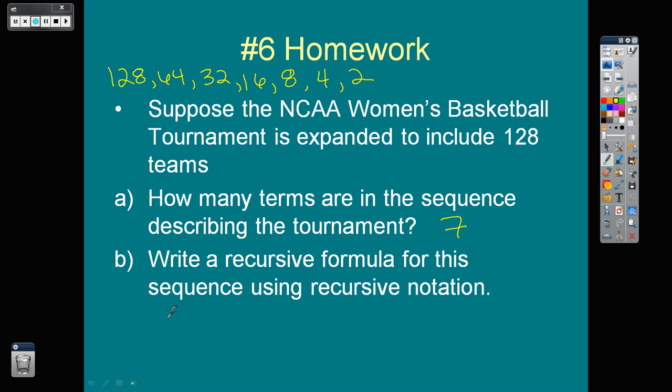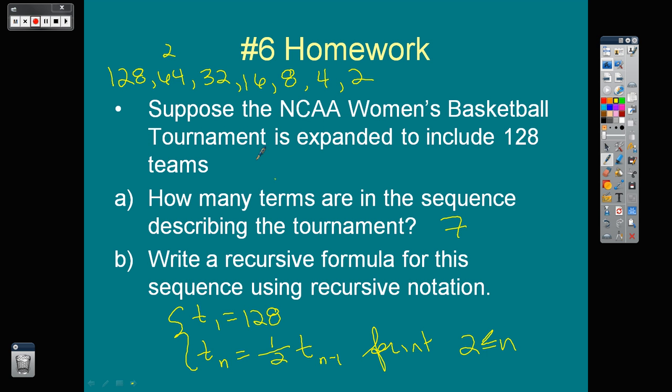The recursive formula will look like, what is the first term? 128. What is the rule to get the mystery term? Well, it's still the same, 1/2 times the one before this one, which is t sub n minus 1. For integers, we have term 2 we can use, and we can go all the way to term 3, 4, 5, 6, 7.